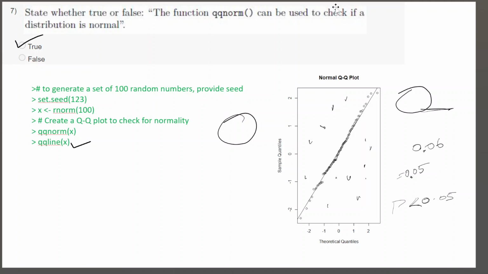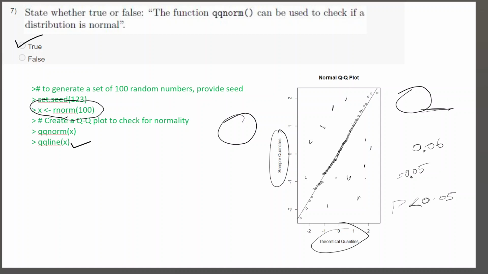Here I'm feeding the 100 random normal variables to x, and then qqnorm(x). It will plot the sample quantiles against the theoretical quantiles, and as you can see, the scattered points are along the diagonal.